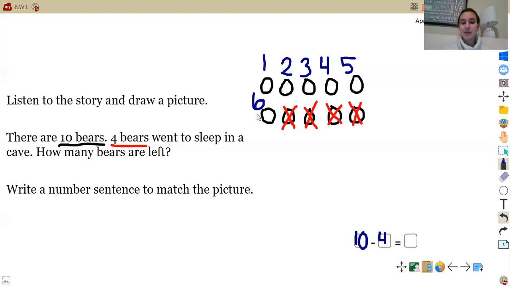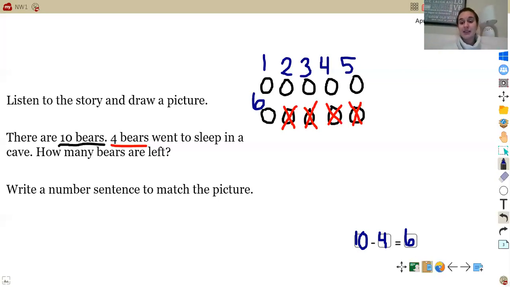So 10 minus 4 equals, and I've already done the work and labeled, so I can quickly see that there were 6 bears left over. So 10 minus 4 equals 6. So 10 take away 4 is 6.